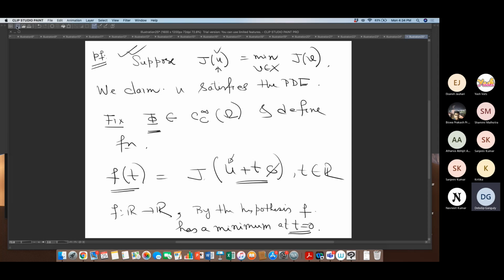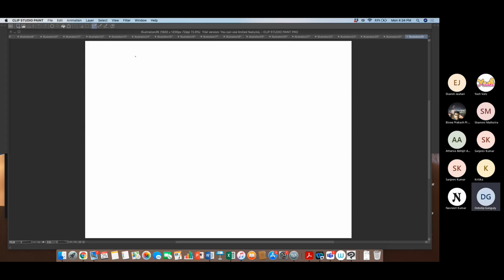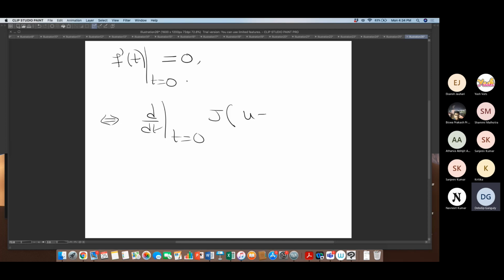So f prime at t equal to 0 is zero, which is equivalent to saying that d/dt at t equal to 0 of J(u + tφ) equals 0.